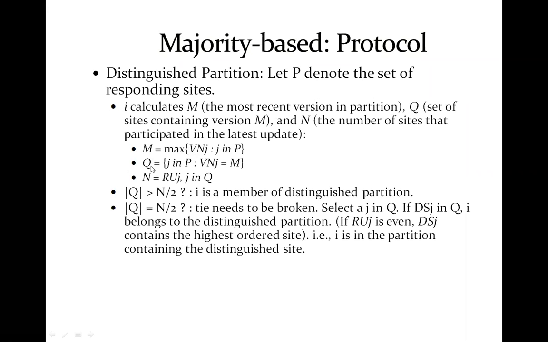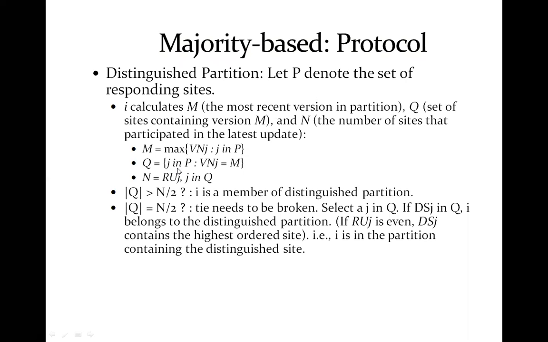The second thing it calculates is the value of Q, where Q is the set of J, the integer value. J designates the site, whether it is site A, site B, or site C. So Q is J in P. With that particular J, it may be 1, 2, or 3. Suppose three sites have responded, and all three have the latest version number. Then the J value will be 3.